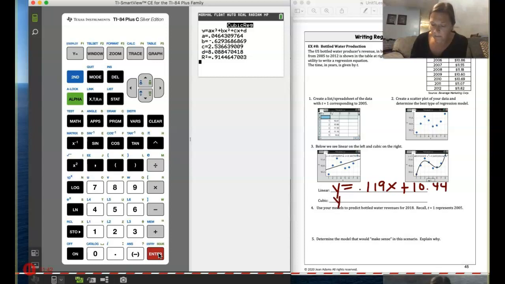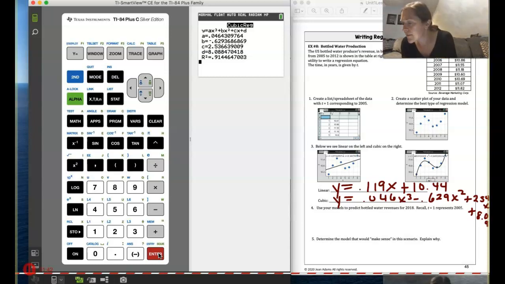So for the cubic one, we have Y equals 0.046x to the third minus 0.629x squared plus 2.54x plus 8.09.